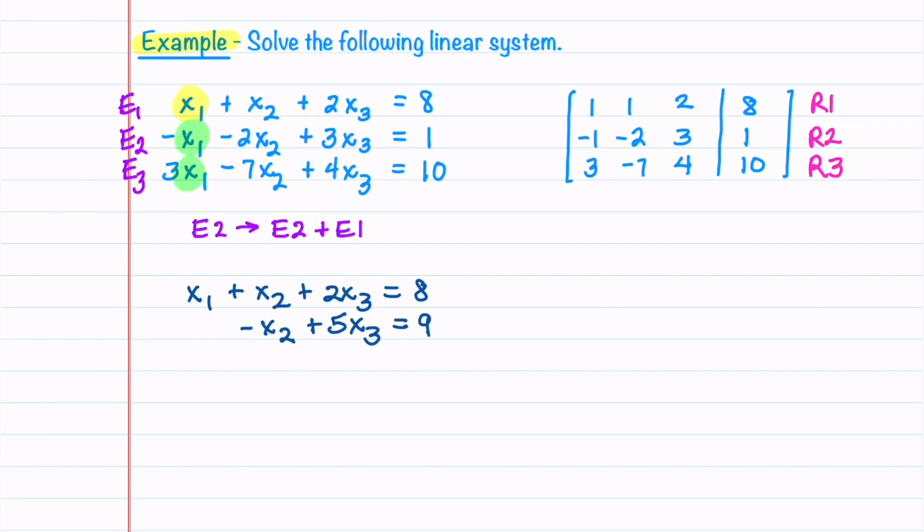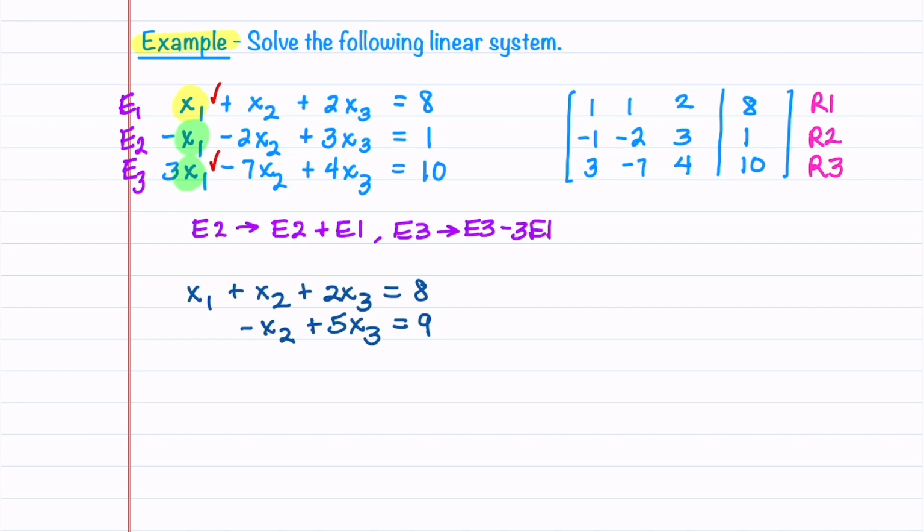To eliminate the 3x1 in equation 3, we need to multiply equation 1 by minus 3. We'll notate that as equation 3 goes to equation 3 minus 3 times equation 1.